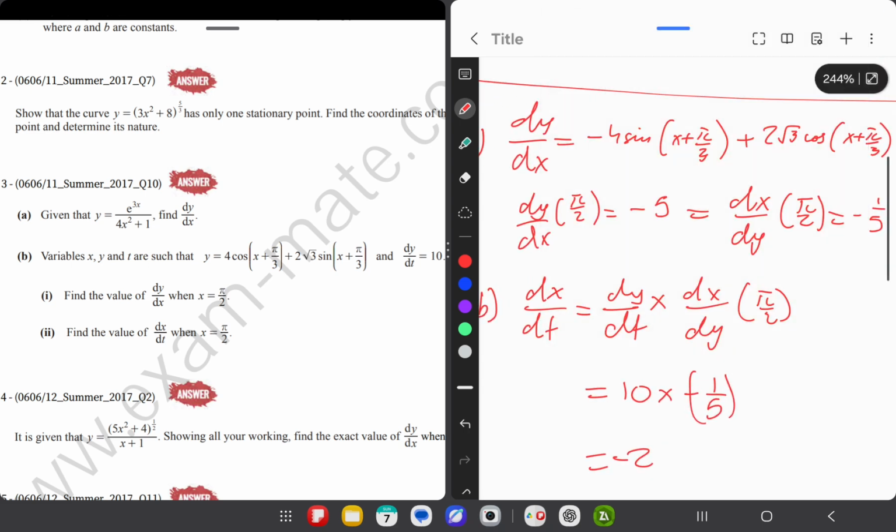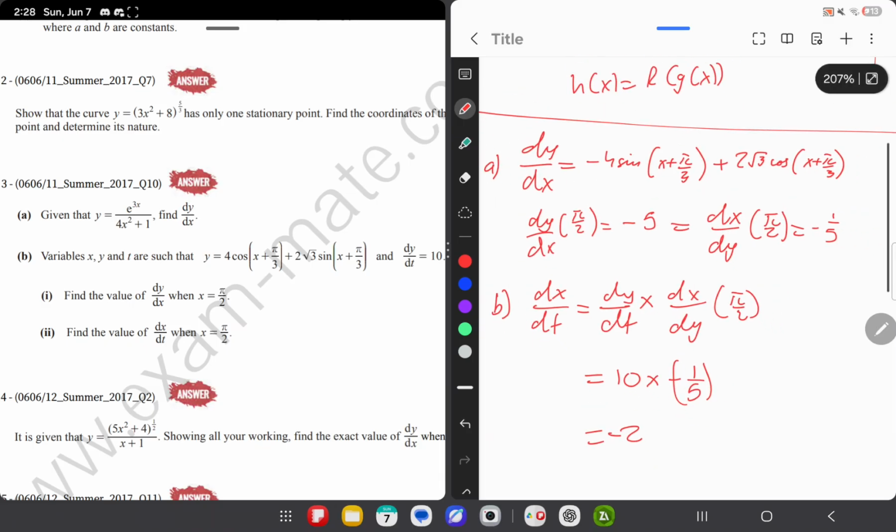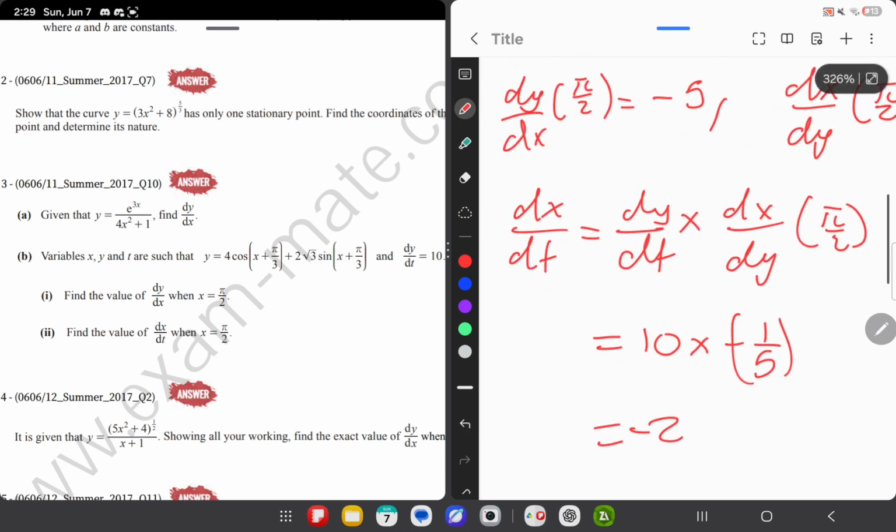We only know how much y changes as x changes by this equation. We plug in pi over 2 and we know that at pi over 2 y changes by -5. We find the reciprocal of this value, so as x changes, dx/dy at pi over 2 is equal to -1 over 5. Okay, I can talk about this but I'm not going to.